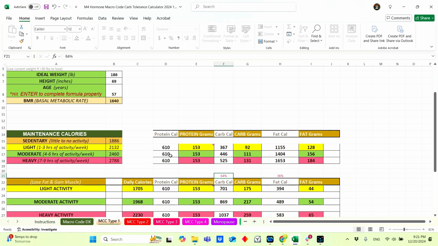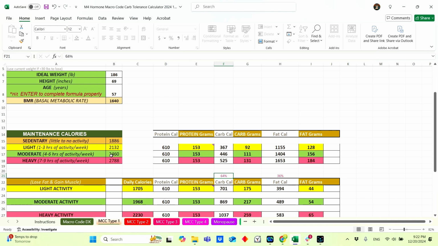Just so you know, that would be the 2,460 minus the 610 gives you the remaining calories. And then you would take those calories and multiply by 0.64 to get the 1,184. You would then divide by 4, because there are 4 calories per gram, which would equal 111 grams of carbs.